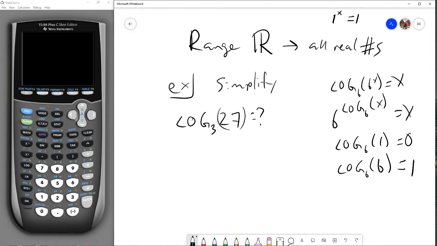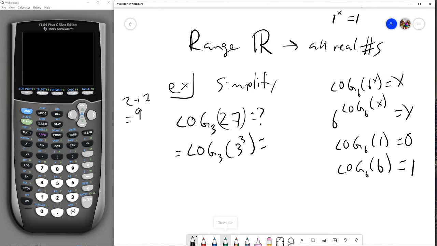If you didn't know that, one way of determining whether a number is divisible by 3 is to add up all the digits, and if that gives you a number divisible by 3, then you know this number is divisible by 3. So if we divide out a 3, 27 is 3 times 9. Well, 9 is just 3 times 3. So we could think of this log as log base 3 of 3 to the 3rd.